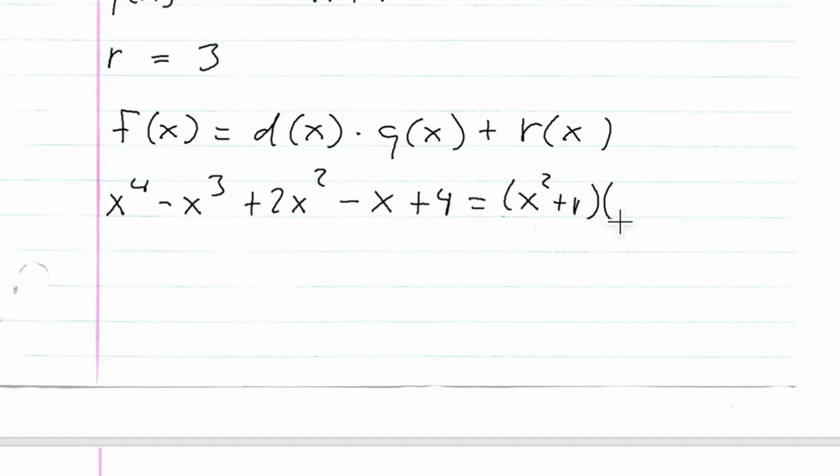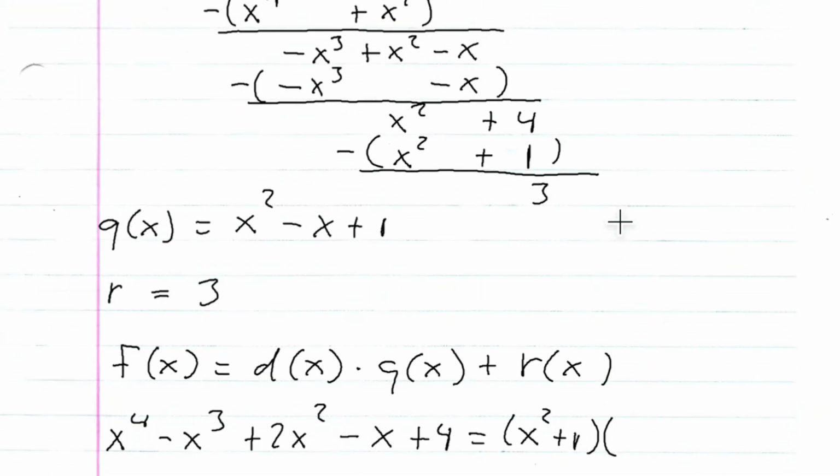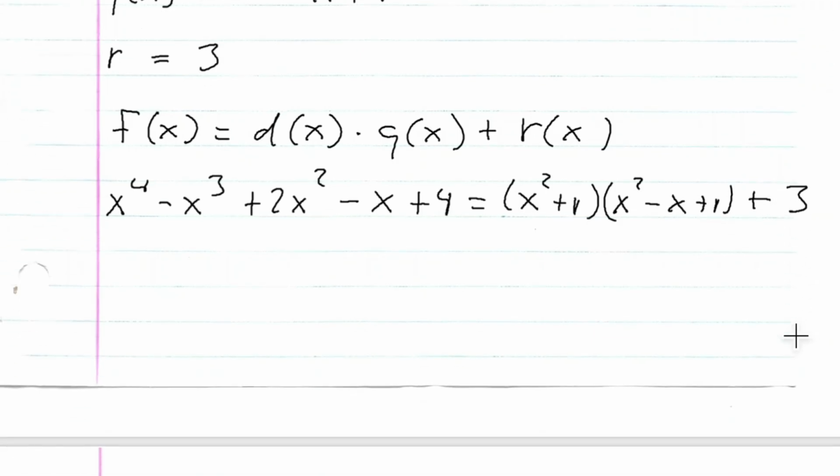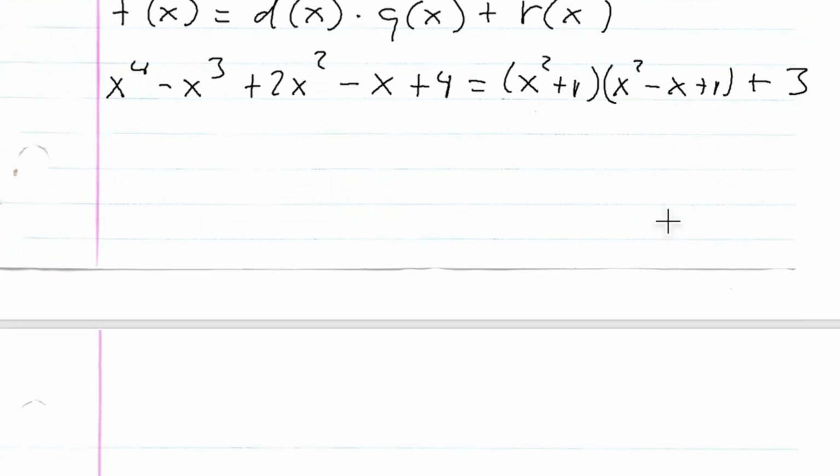And the quotient we got was x squared minus x plus 1. And our remainder was 3. So, apparently, this is equal to this. We can check this really easily, right?